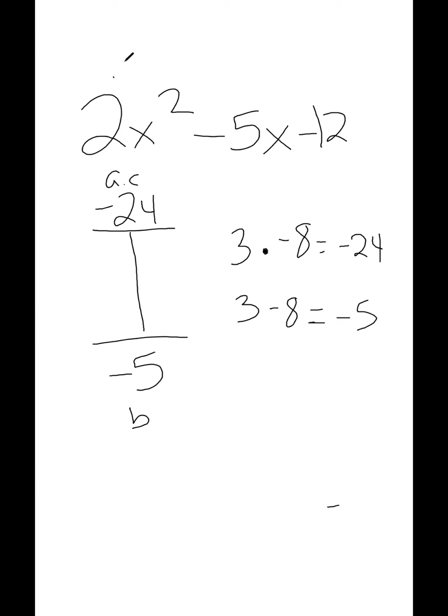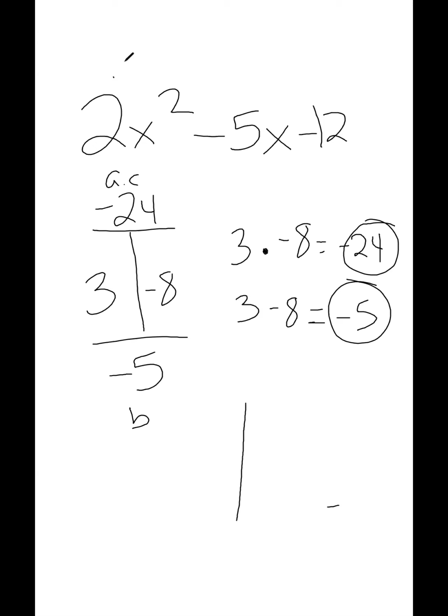If you have to do the plus negative 8, that's fine, but that's kind of elementary. You want to have either the plus or the minus. So 3 minus 8 is negative 5, so I found 2 factors that multiply to negative 24 and add or subtract to negative 5.